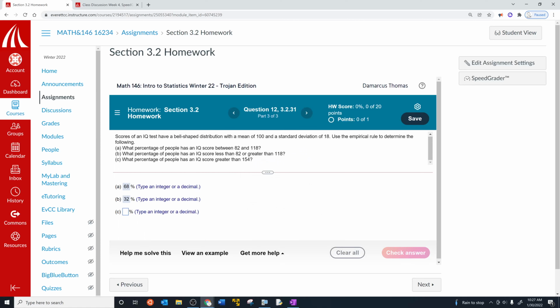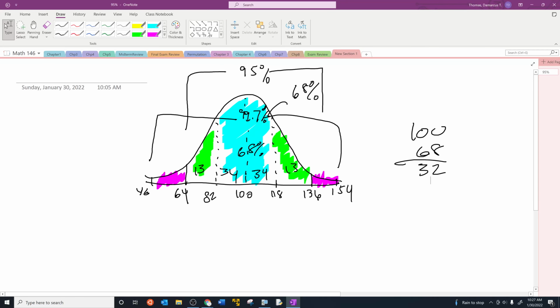And then what percentage of people has an IQ score greater than 154? Well, greater than 154, that means you've exceeded 3 deviations already.